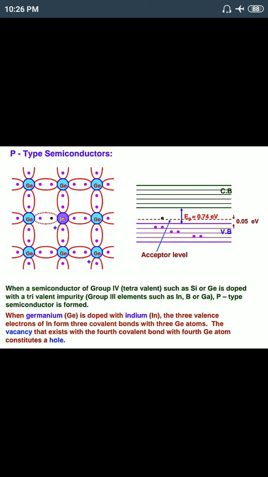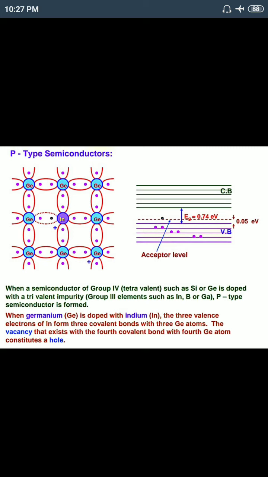For the p-type semiconductor, in this figure we choose a germanium semiconductor. In one part of the germanium we dope indium, which is a trivalent atom. When we introduce indium in place of germanium, indium has 3 electrons in its last orbit, so these 3 electrons combine with the neighboring germanium electrons, but on one side a vacant place is left, a shortage of an electron.